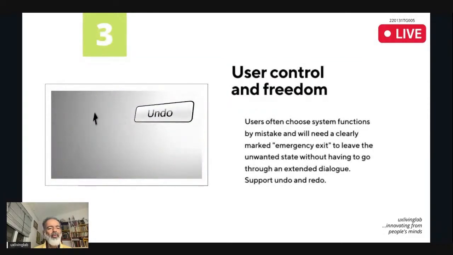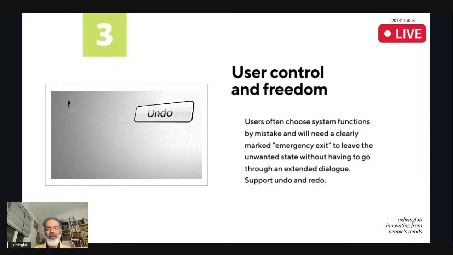Then coming to rule number three, user control and freedom. Users often choose system functions by mistake and will need a clearly marked emergency exit to leave the unwanted state without having to go through an extended dialogue.